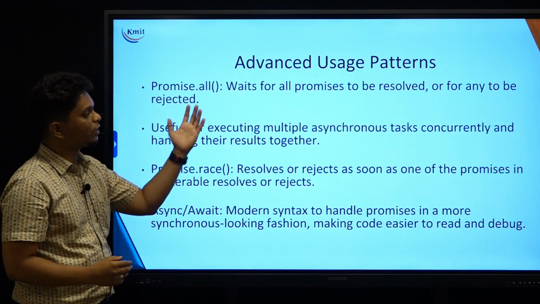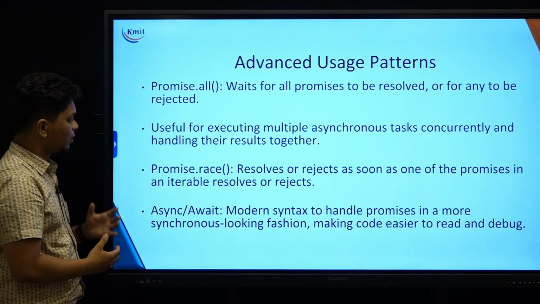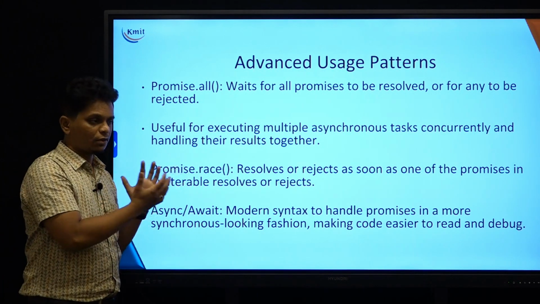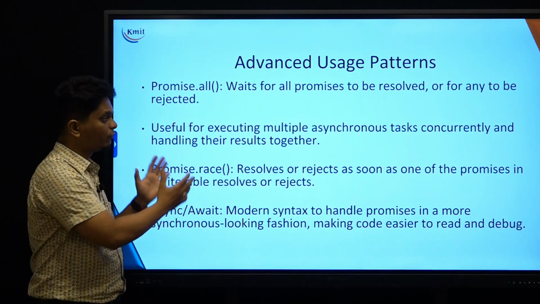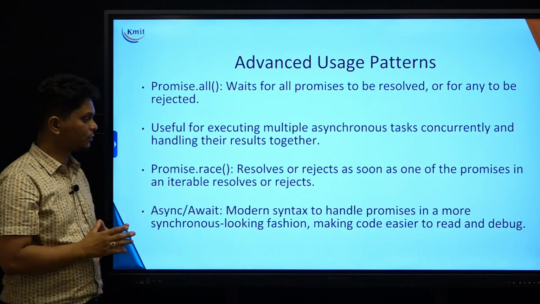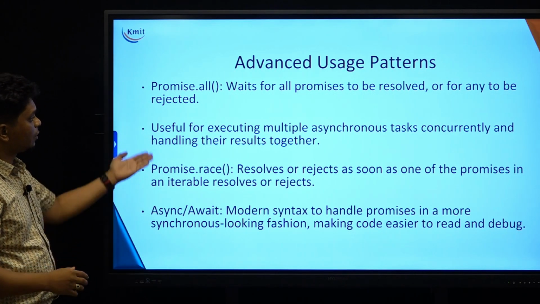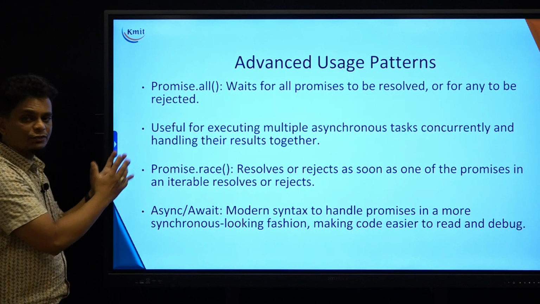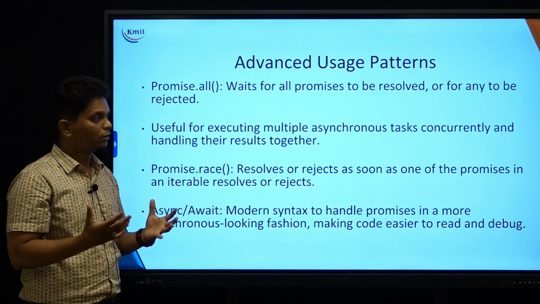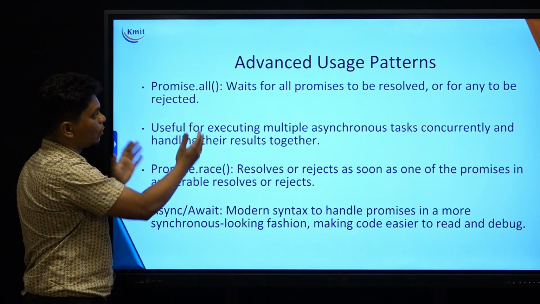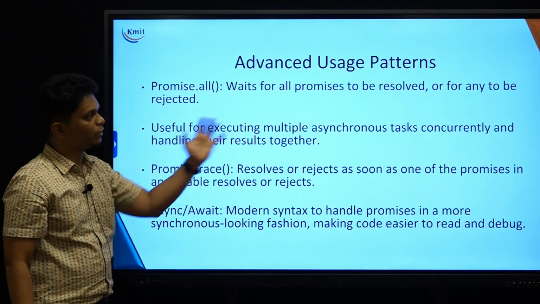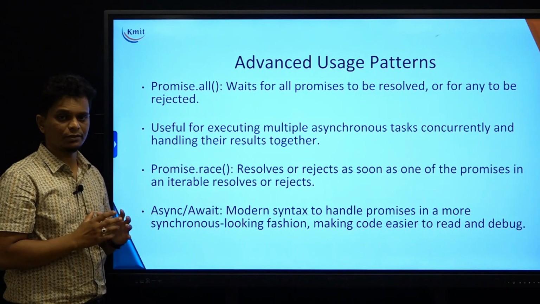So what are the advanced usage patterns? Along with the conventional dot then, dot catch and other methods, we also have some advanced methods. Here they are. Promise.all waits for all the promises to be resolved, or for any to be rejected.